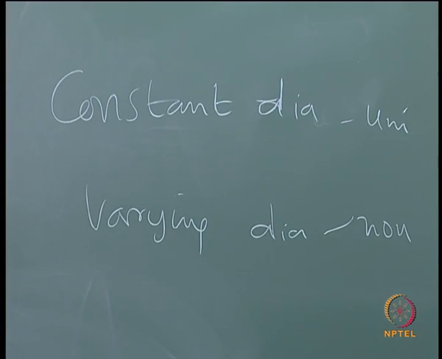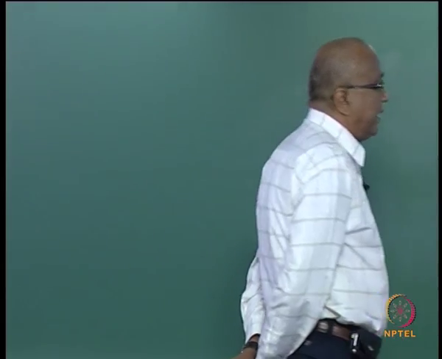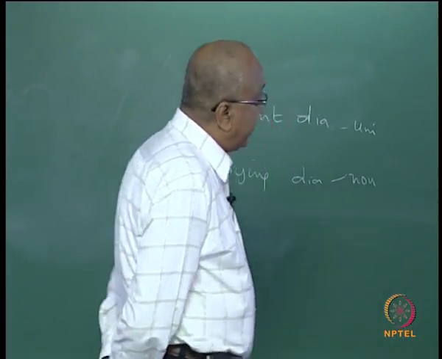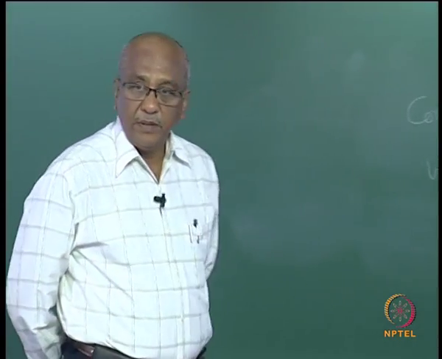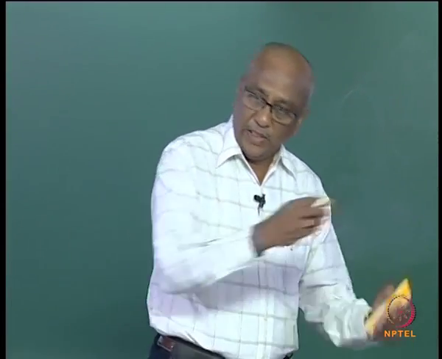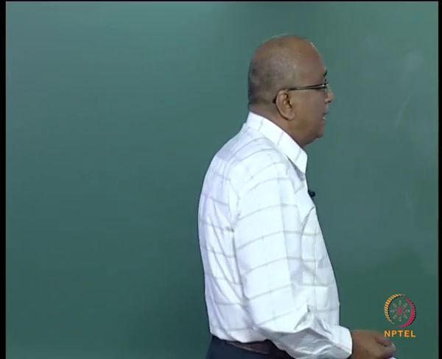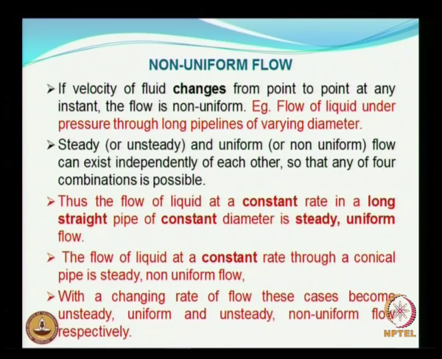Now, under steady or unsteady and uniform or non-uniform, flow can exist independently of each other, that is, you can either have steady or unsteady, uniform or non-uniform, but combinations are also possible.